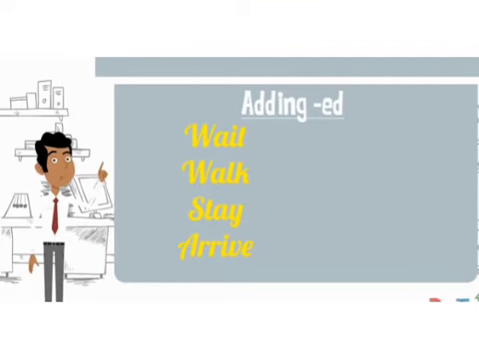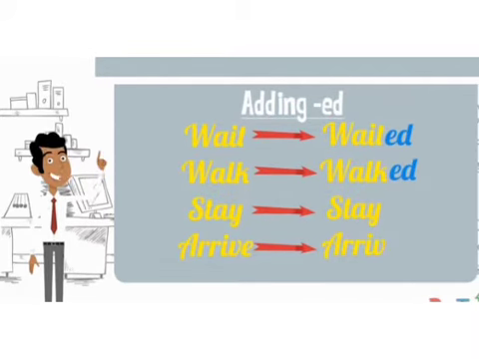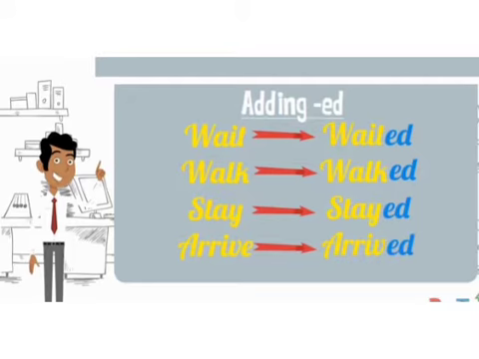Now adding ed to the following words. Wait is nothing but waited. Walk is nothing but walked. Stay is nothing but stayed. And arrive is nothing but arrived. When we add ed to the verbs, it is considered as the past tense.